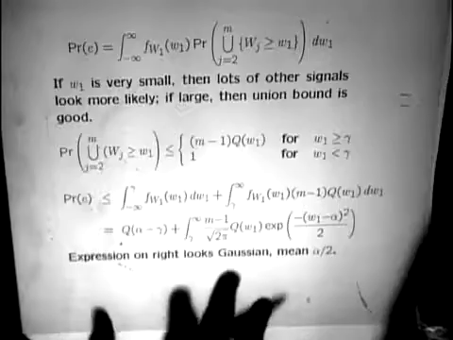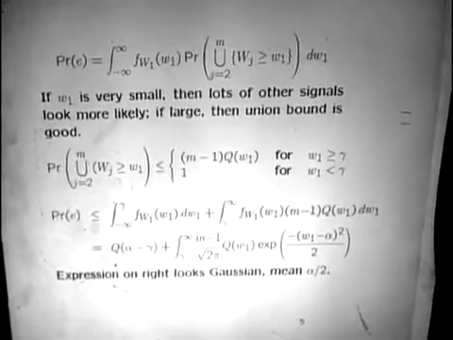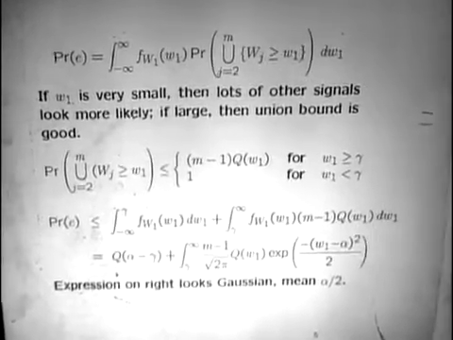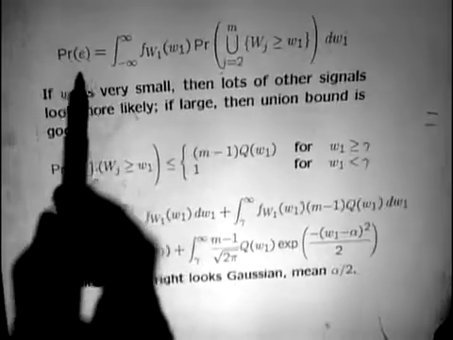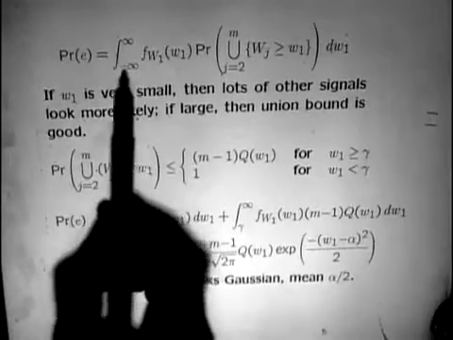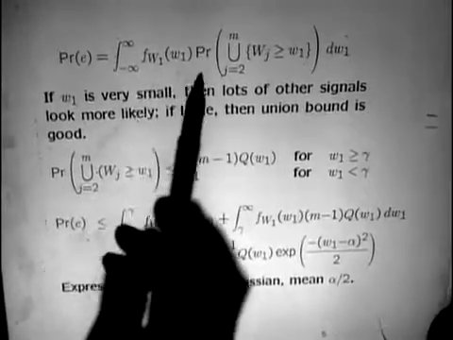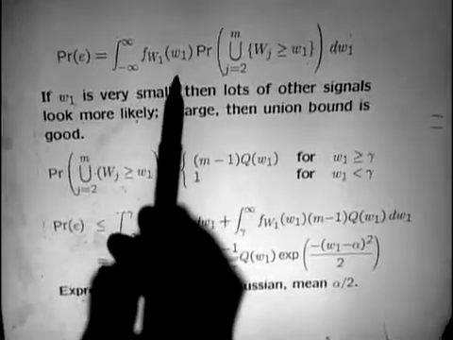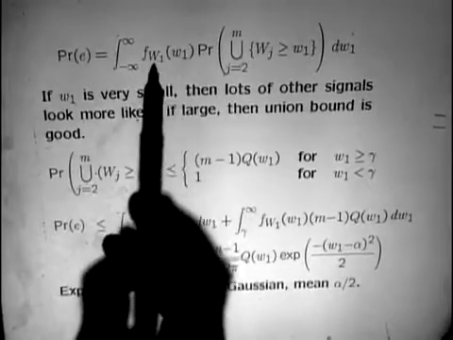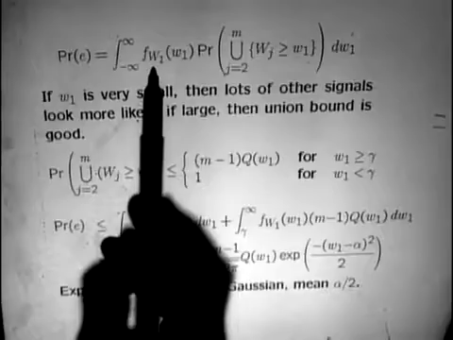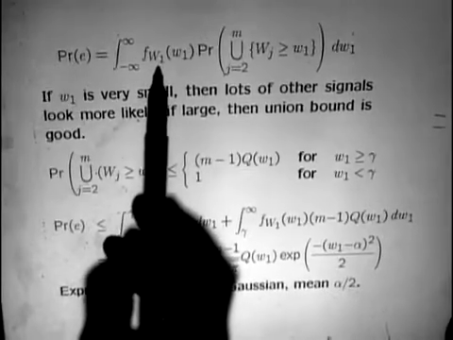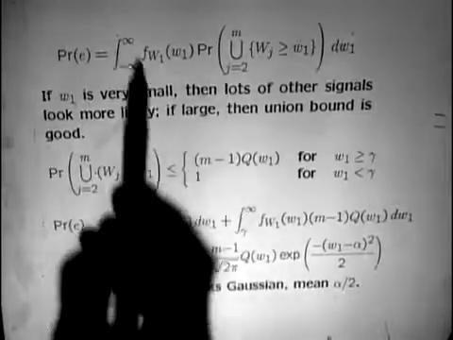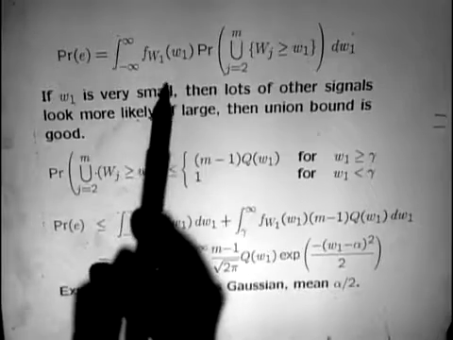So I can at least write down what the error probability is exactly at that point. What I'm going to do is write down the probability density for W1. And W1, remember, is a Gaussian random variable with mean alpha and with variance 1, so we could actually write down what that density is.